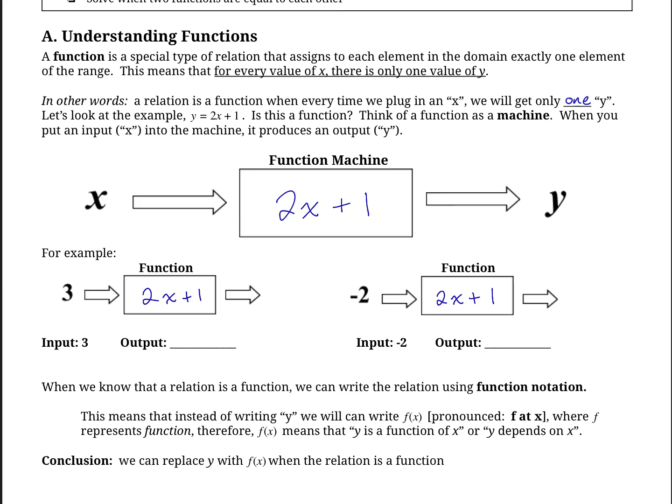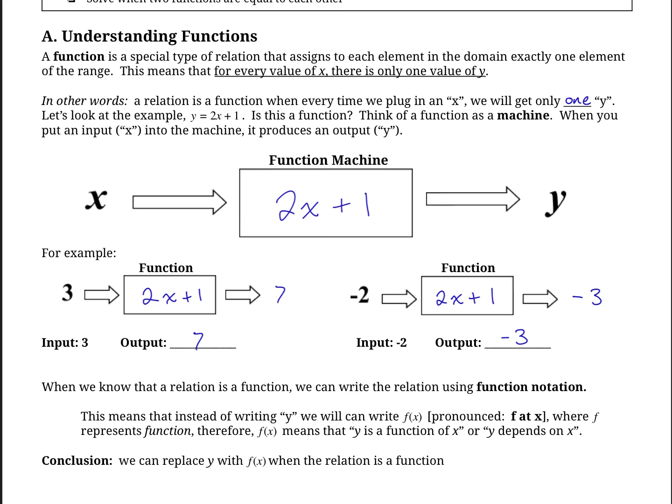So for example, if we input 3 into this function, 2 times 3 plus 1 is 7. And if we input negative 2 into this function, 2 times negative 2 plus 1 is negative 3. So when our input in this function is 3, the only output we get is 7. And when we input negative 2, the only output we get is negative 3.